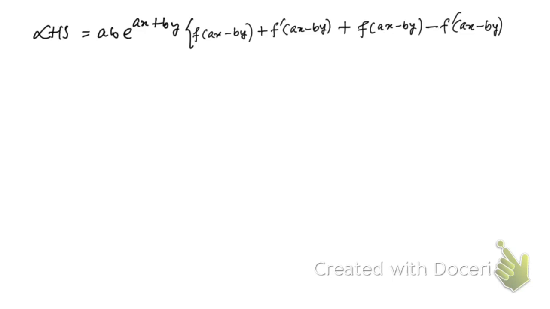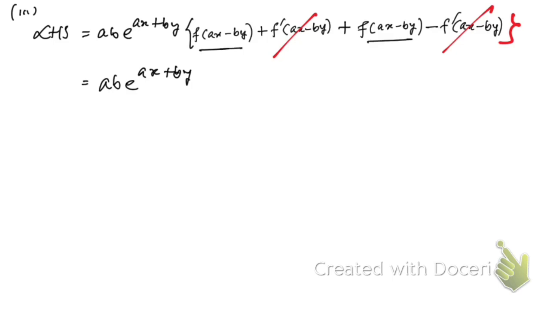This is the left hand side of number 3. So now what we can do here, you see these two cancel, right? So we ended up with this e to the power ax plus by, and there are two f of ax minus by.